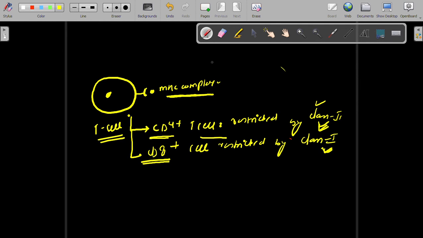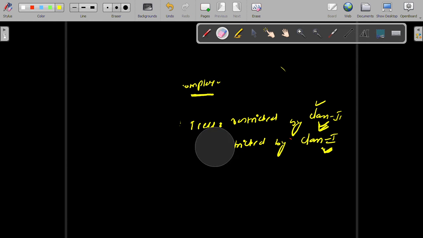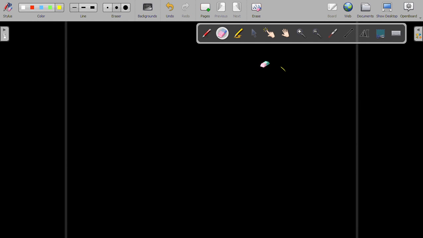Let us see some diagrams to understand this concept. Suppose this is a cell membrane, and it contains MHC class 1 proteins.